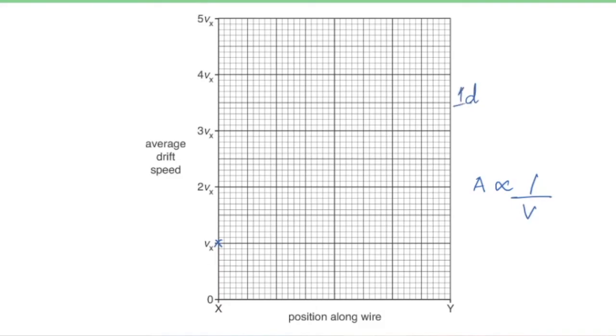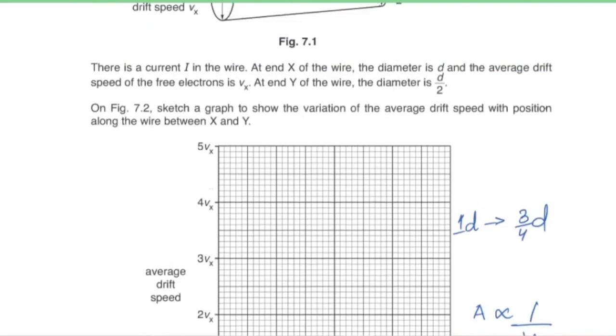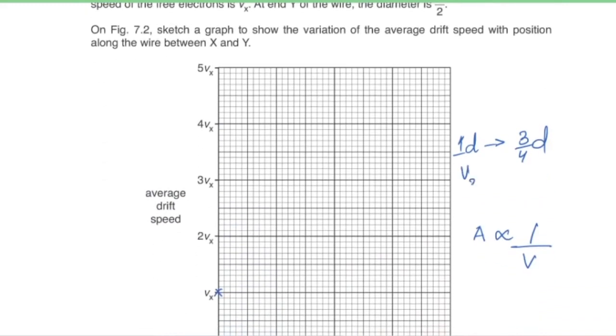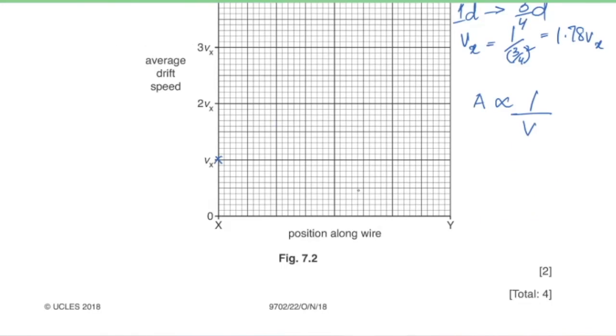So when D decreases from 1D to 3 by 4 of D, that's moving from X towards Y, the new Vx, or the average drift speed, will be equal to 1 by 3 by 4 the whole square. That leaves me with 1.78 Vx. So halfway through X and Y, where D has decreased from 1D to 3 by 4 of D, we have got 1.78 Vx.